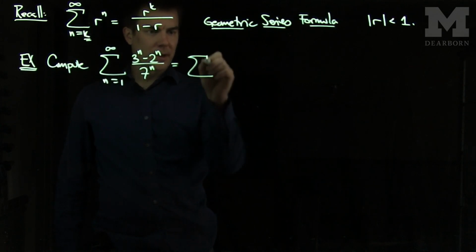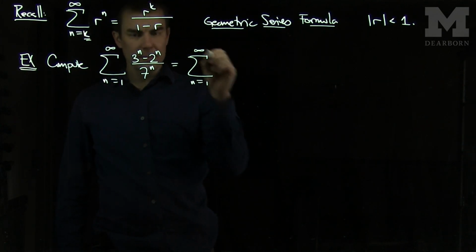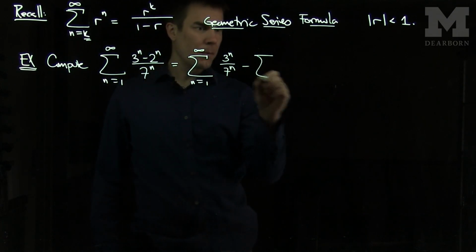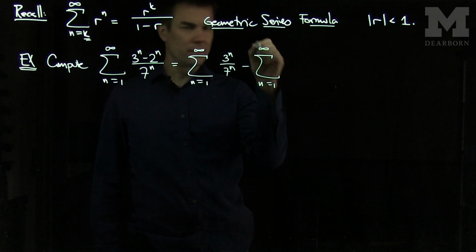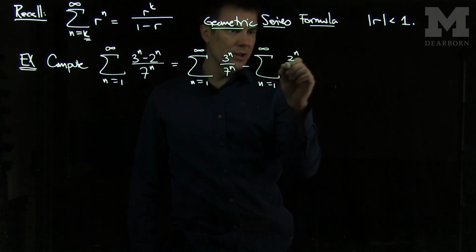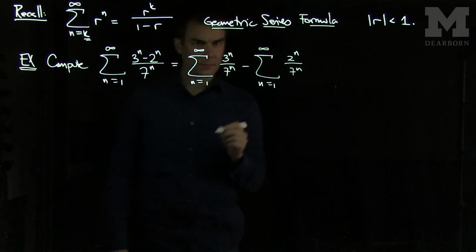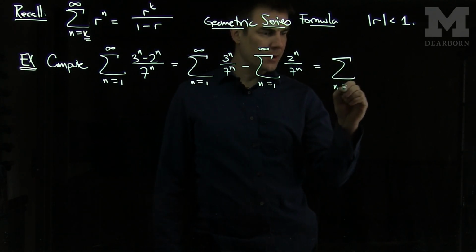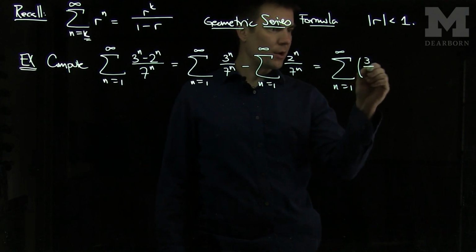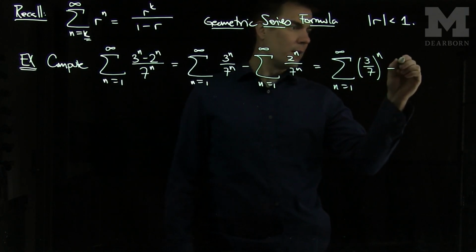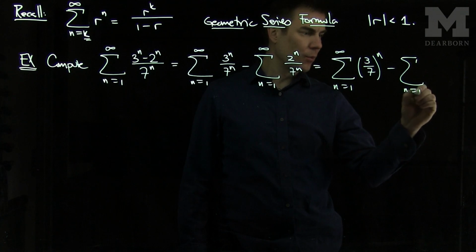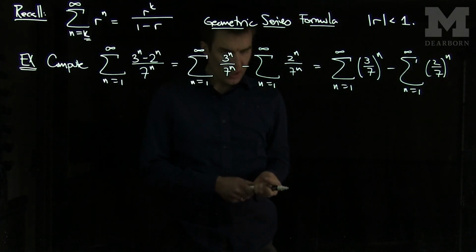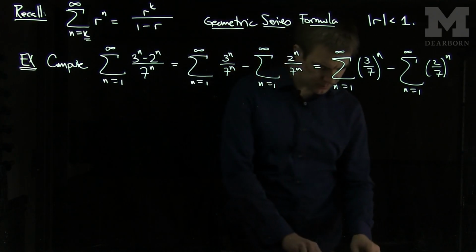By the linearity of the sum, we can write this as the sum from 1 to infinity of 3 to the n over 7 to the n, minus the sum n goes from 1 to infinity of 2 to the n over 7 to the n. Individually, this is the sum of (3 over 7) to the n minus the sum of (2 over 7) to the n. And so we can examine these sums.